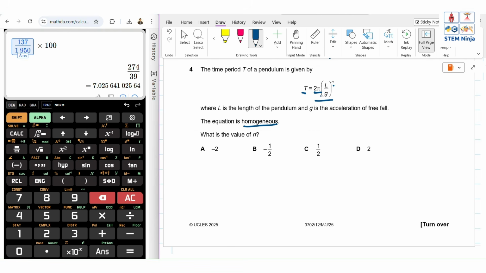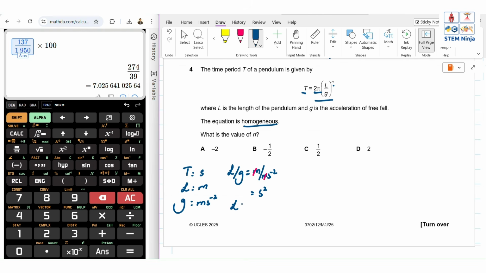2 pi is basically a constant, so it has no units. The unit for T, time period, is seconds, the unit for length is meters, and the unit for g, the acceleration of free fall, is meters per second squared. So L over g is meters over meters per second squared, which cancels out the meters, and we are just left with seconds squared.